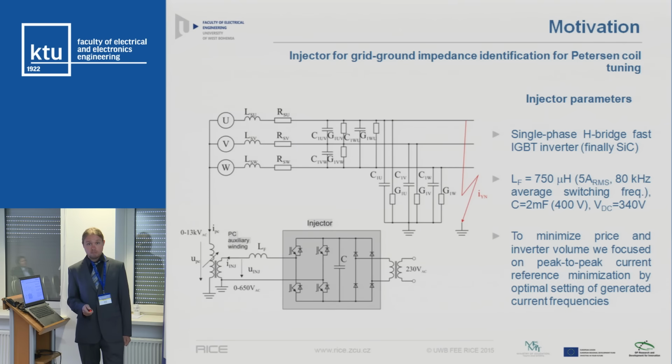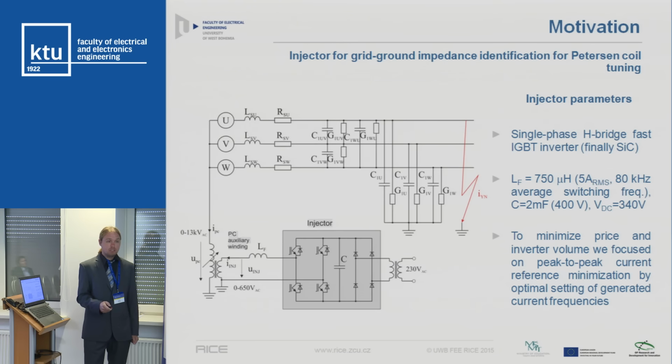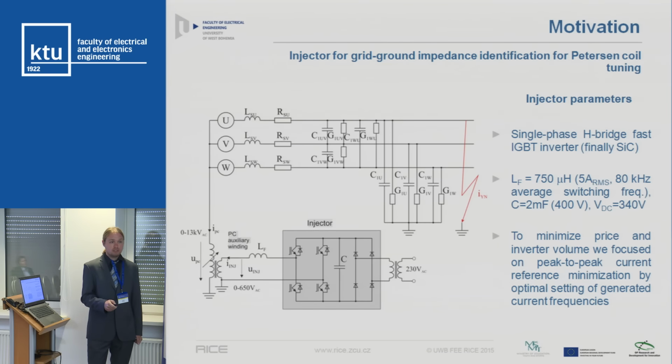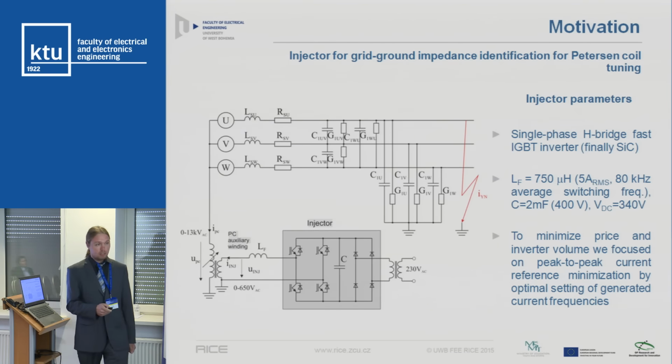To minimize price and inverter volume, we also focused on the peak-to-peak current generated by our injector, and that is what our paper is about. It was about minimization of the peak-to-peak current, which affects mainly, of course, the selection of transistors, and of course the core of the filtering inductance.